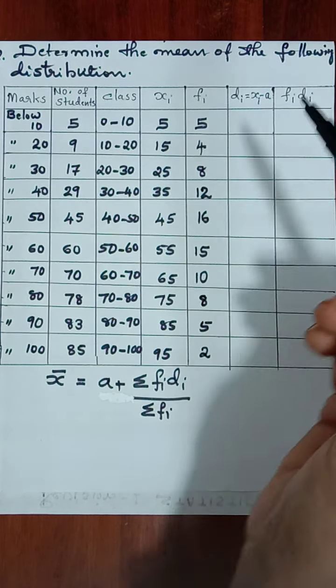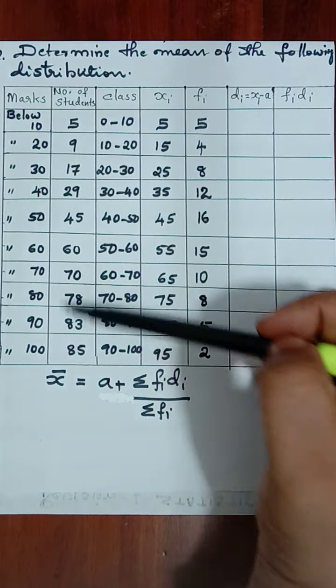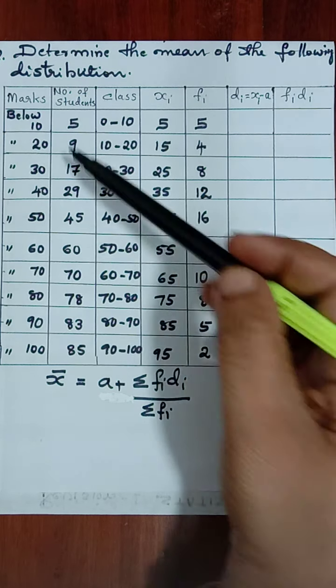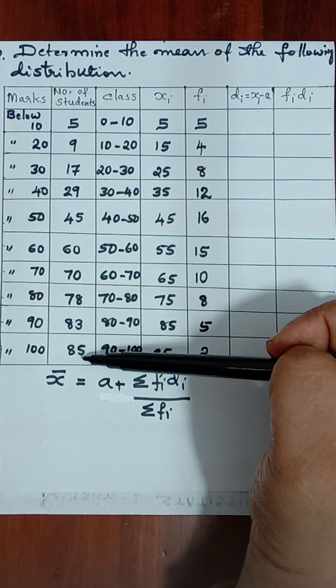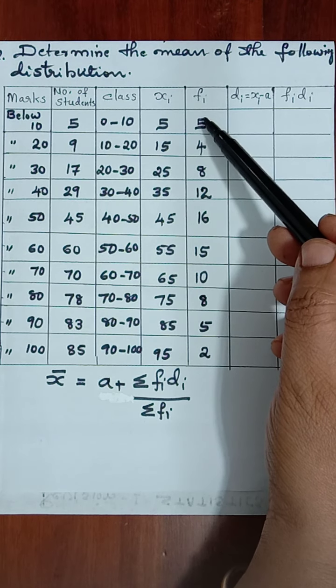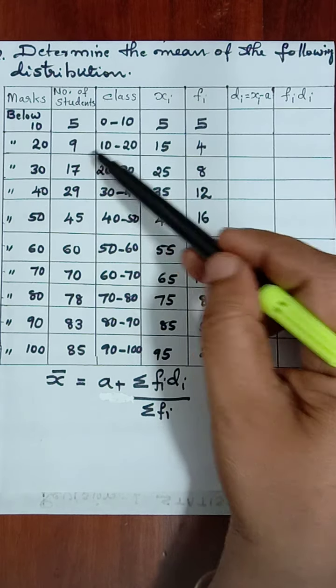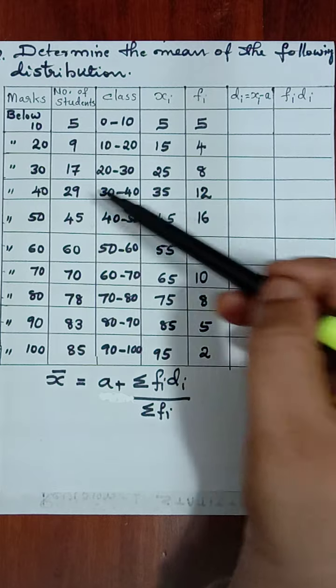So here if you add, you will understand you are getting the total number of students, 85. In the cumulative frequency table, the highest number is called sigma fi or the total number. It is 85. Just check once more. 5 plus 4, 9. 9 plus 8, 17. 17 plus 12, 29.